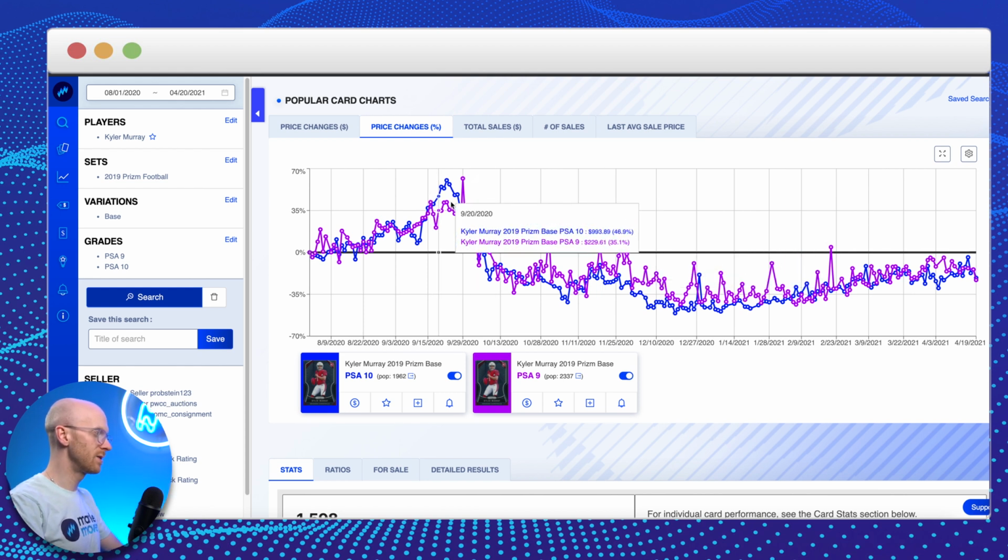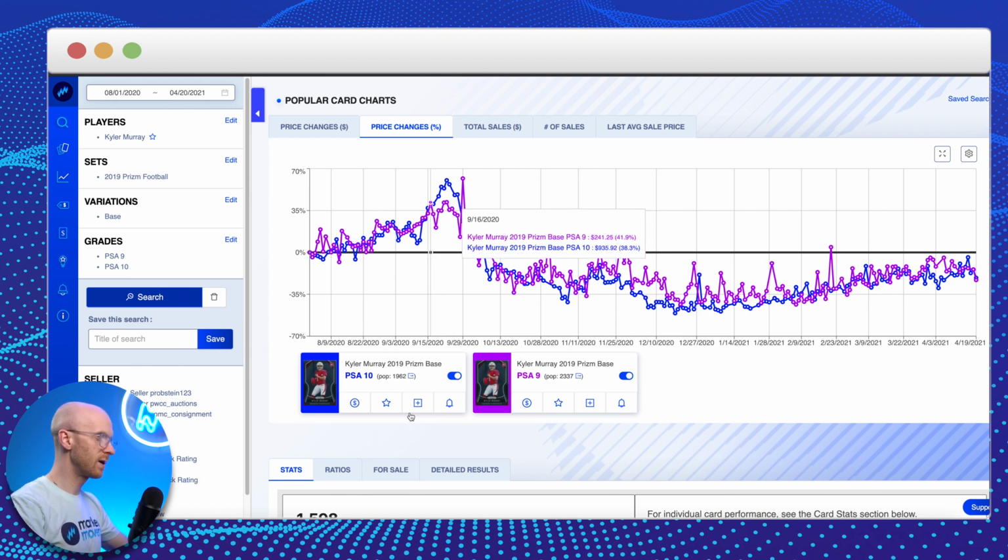And in this case, look at where this card was. Now granted, the pop counts have probably significantly increased since then, but Kyler's still, in my opinion, definitely the best quarterback from that 2019 class. At least so far, that's what he's shown. And this card, the PSA 9, for example, was up around $240.